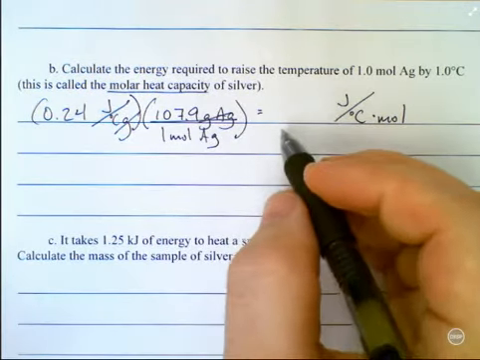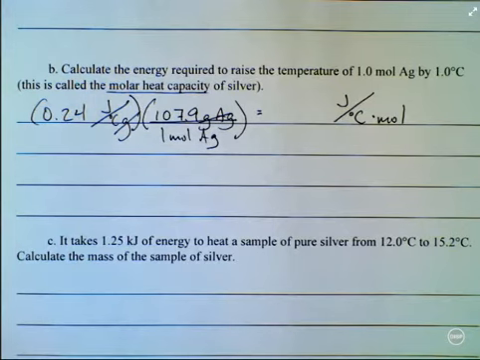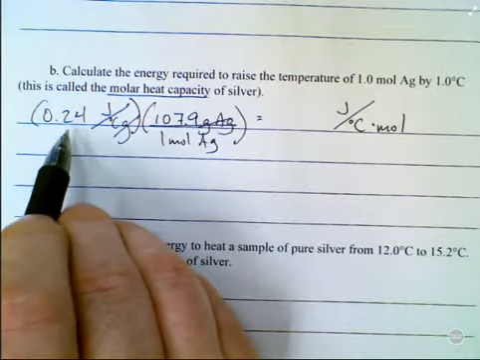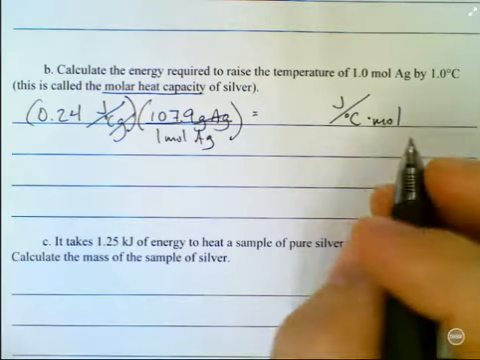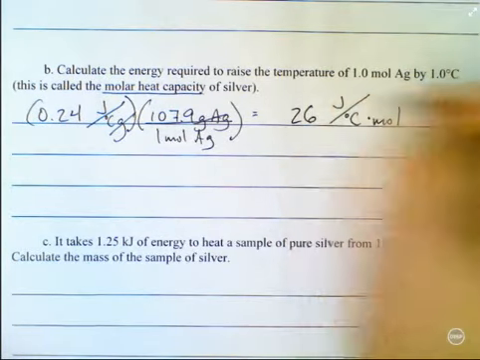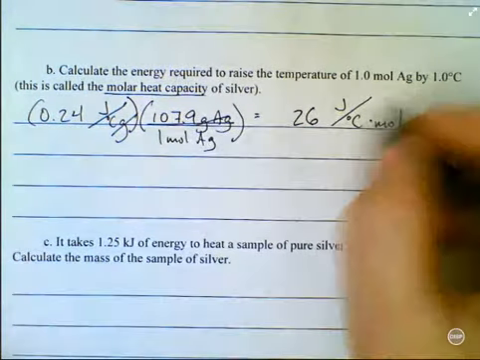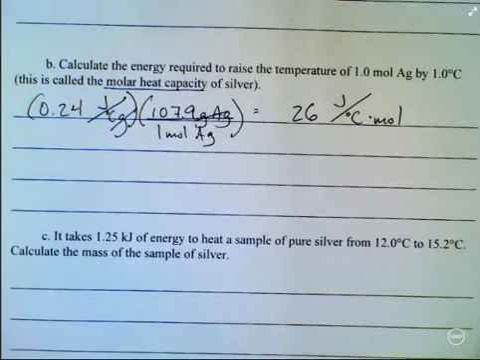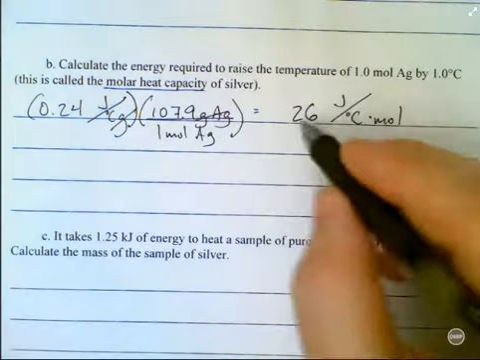All that's left to do is pump these numbers into the calculator. 24 times 7.9. Let's see, I have 2 significant figures here, so I'll round this calculator value to 26 joules per mole times degrees Celsius. So in order to take 1 mole of silver and raise that entire mole by 1 degree Celsius, it takes 26 joules of energy.